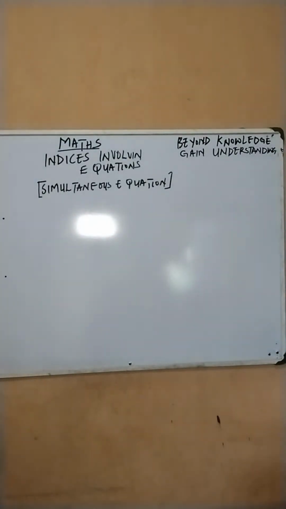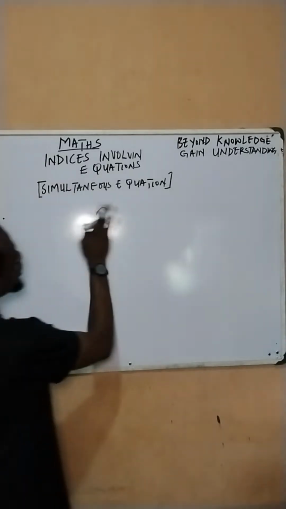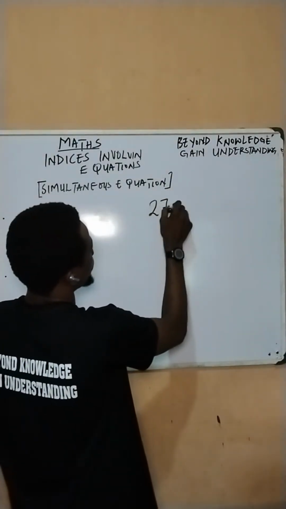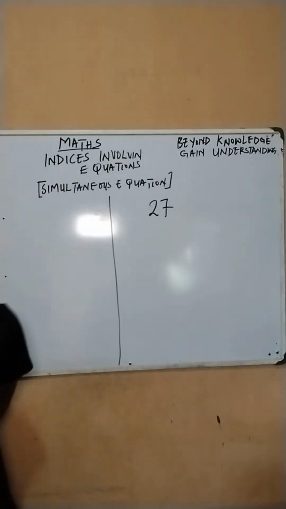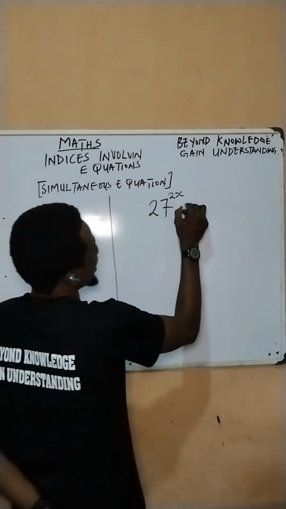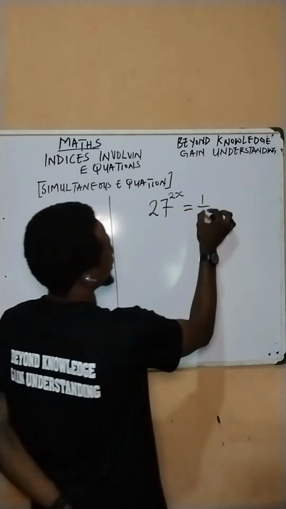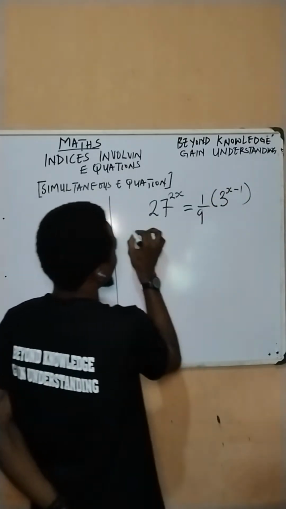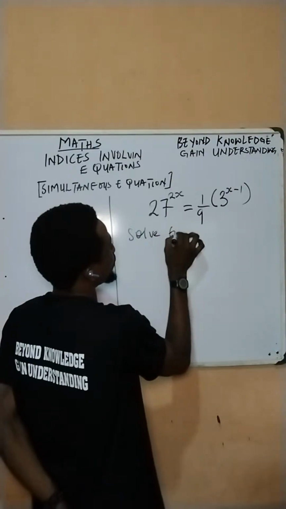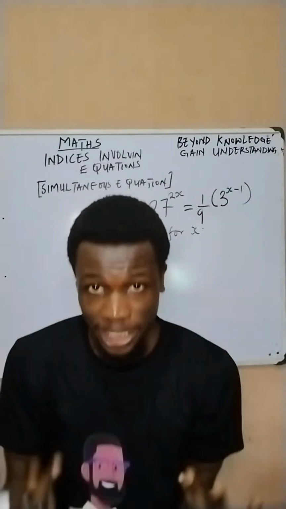The first equation I'm going to bring on for us to examine together is this: 27 raised to the power of 2x equals 1 over 9, open bracket, 3 raised to the power of x minus 1. And we're asked to solve for x. So we should find the value of x in this particular expression.